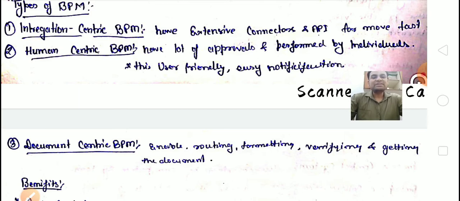So in human centric BPM, humans do all the things, everything is approved by different persons and performed by individuals, so the process will be user friendly and easy for everyone to be notified, because if something is approved by someone, then that person also knows about everything in the process. Okay, so this is user friendly and easy notifications.